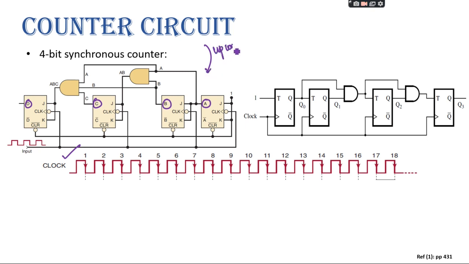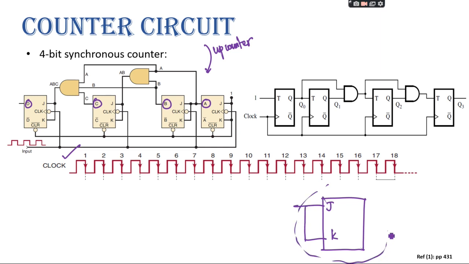And when you have the same input for J and K, it will work as a T flip-flop, right? So instead of using a JK flip-flop, we can do the same thing with a T flip-flop, right? Yes, sir.